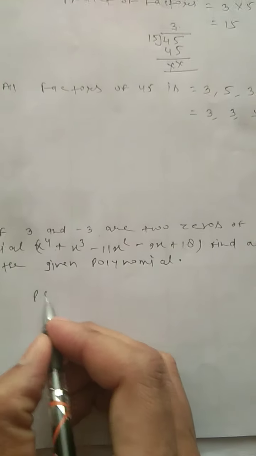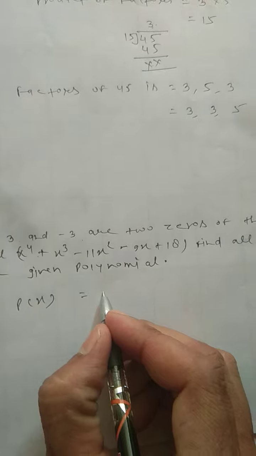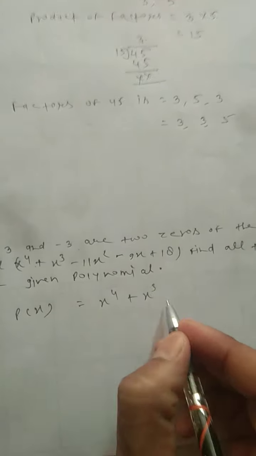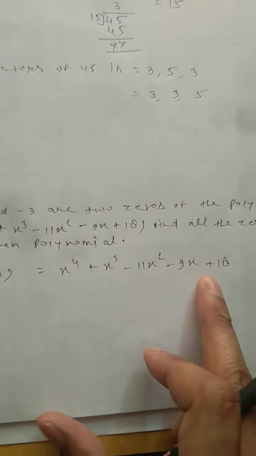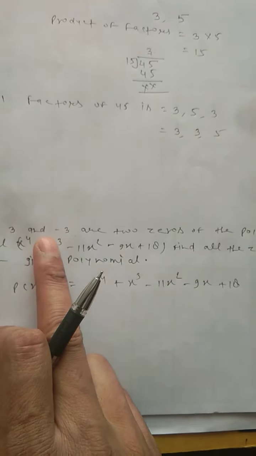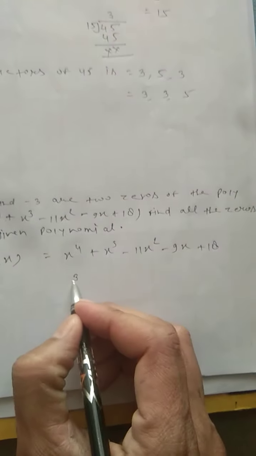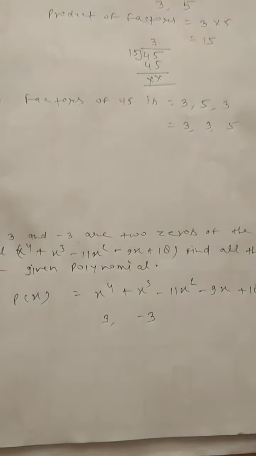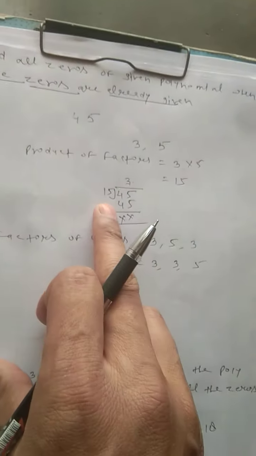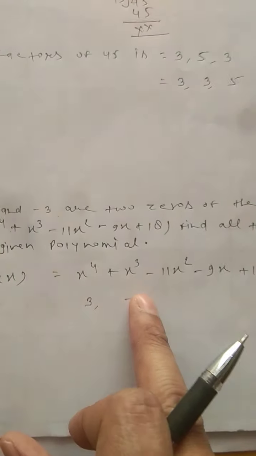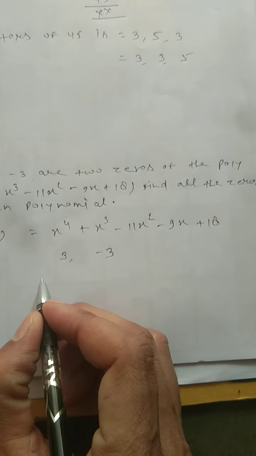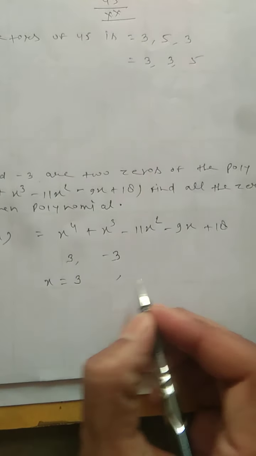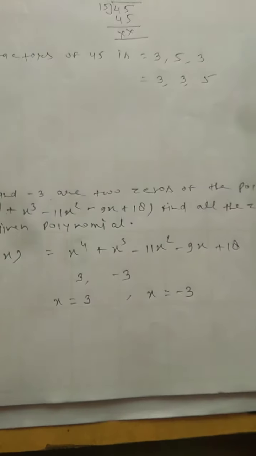What is p(x)? x power 4 plus x power 3 minus 11x square minus 9x plus 18. It is the given polynomial. Two zeros are given, 3 and minus 3. Now you may be confused: sir, here we are talking about factors but these are zeros. By these zeros you can write their values, x equals 3 and x equals minus 3.